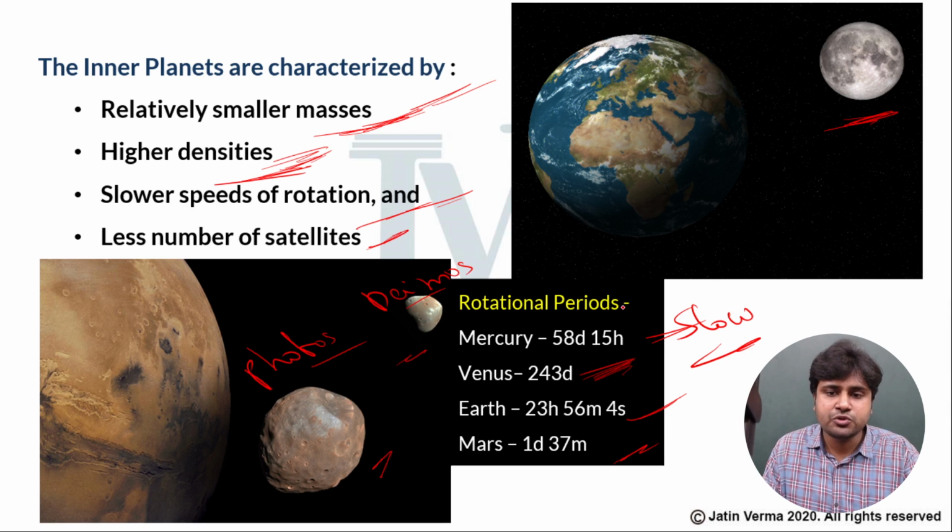When we compare these rotational periods with that of Jupiter, Saturn, Uranus, and Neptune, then you'll understand how slow these rotational periods are. And then these planets have less number of satellites. Mercury and Venus, they don't have any satellites at all. Earth has one natural satellite, our Moon, and Mars has two natural satellites, Phobos and Deimos, which are very small.